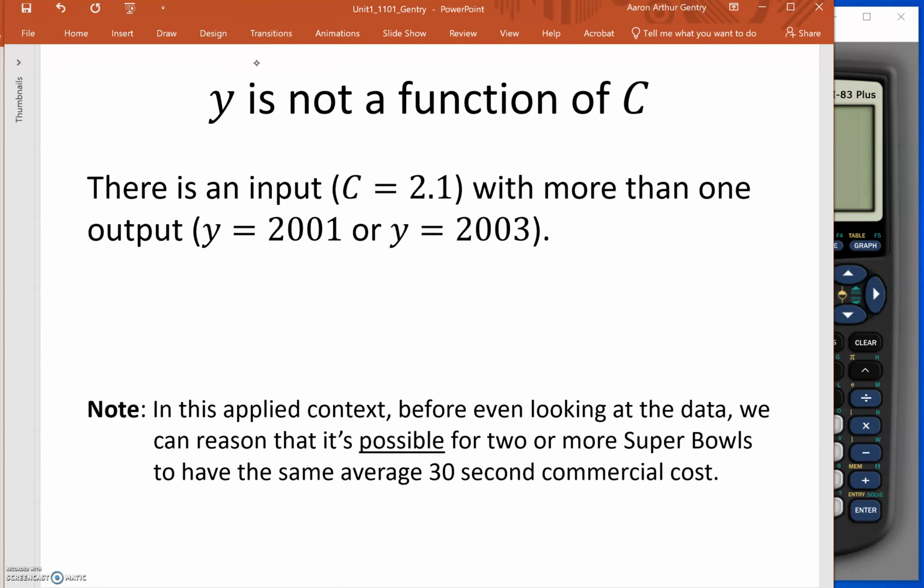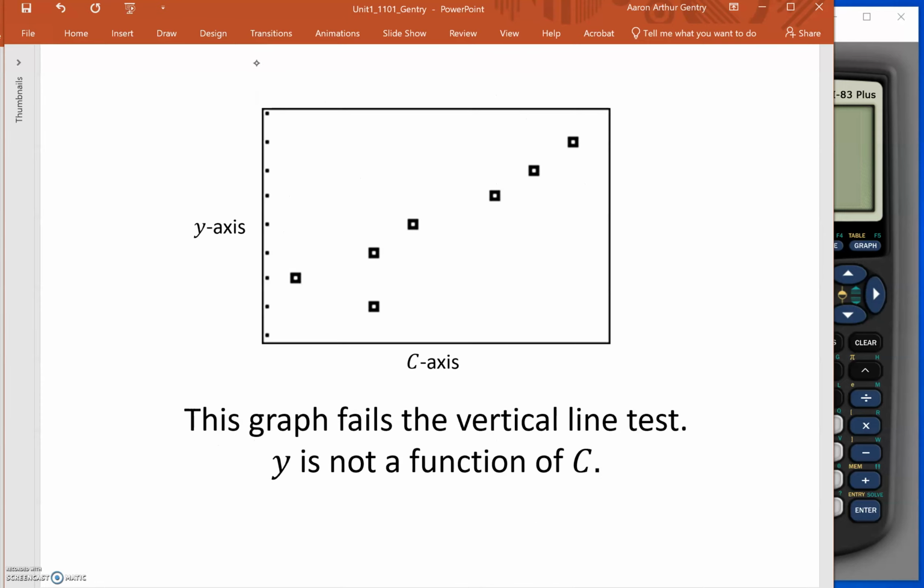Okay, but in the other direction, y is not a function of c. And if you were to graph this in a scatter plot, then using the same methods that we did before, you would see right here that you got a problem. So not a function.